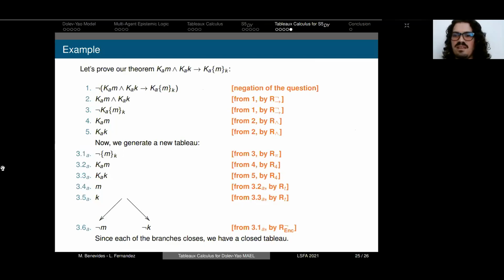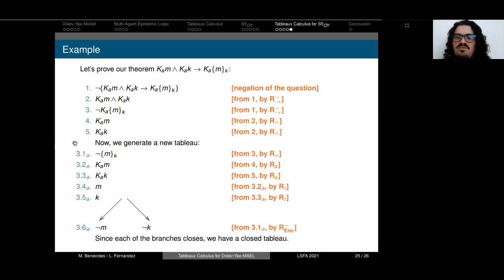Agent A knows M, and agent A knows K, implies agent A knows M under K. So first we deny it, then we have that agent A knows M and agent A knows K. We also have that agent A does not know M under K by the same use of the rule, and applying the rule in line 2, we have that agent A knows M here in line 4. And agent A knows K in line 5.